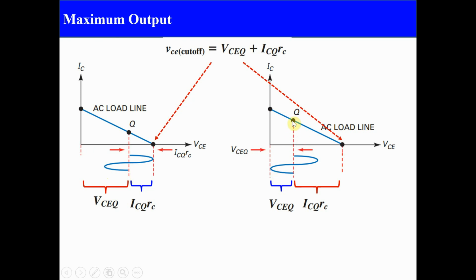Similarly, if the position of the Q point is towards the saturation side, again this is divided into two parts. From 0 to the position of the Q point on the x-axis it is VCQ, and the rest is ICQ into RC. Whichever is smaller, that would be the maximum peak of the AC output signal, right?